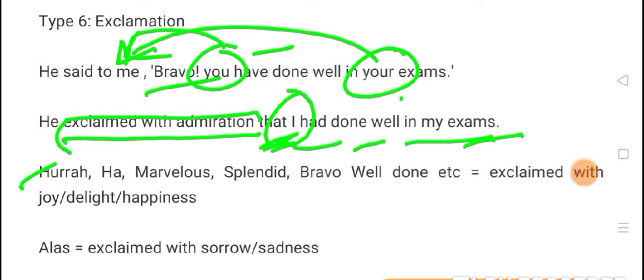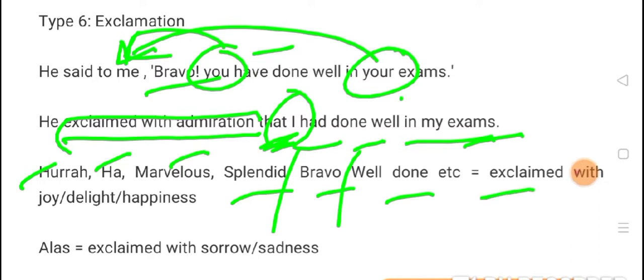Hooray, ha, marvelous, splendid, bravo, well done. All these words are here. You have to use exclaimed with joy, exclaimed with delight, or exclaimed with happiness. Whenever you find these words, you have to write exclaimed with joy, delight or happiness.